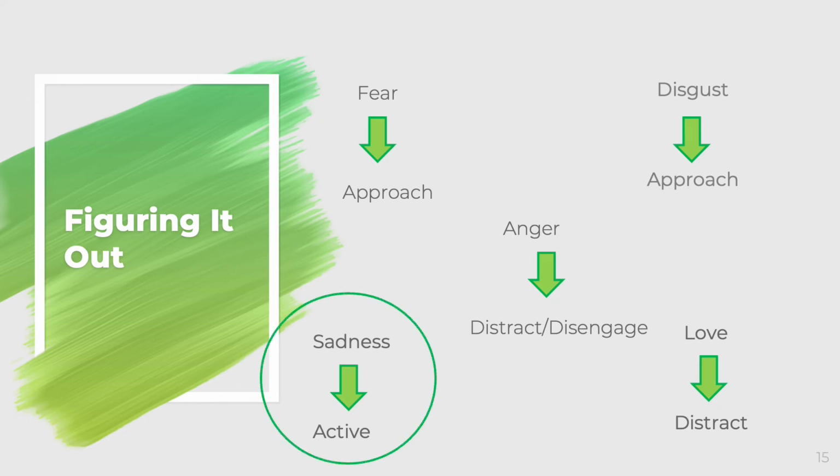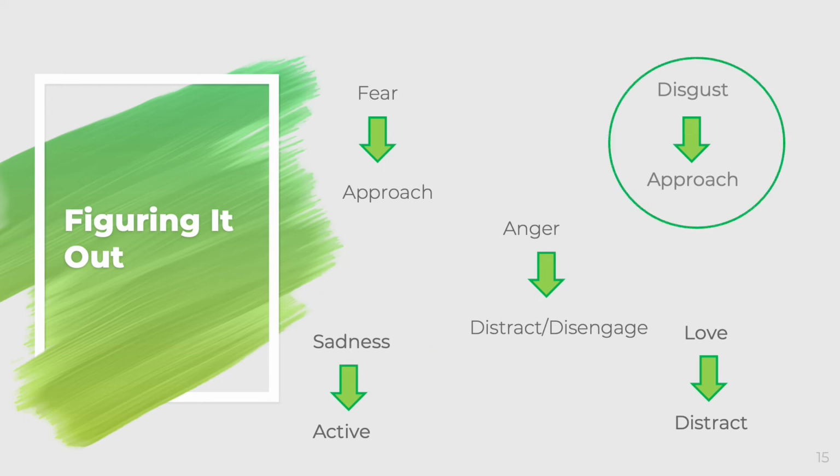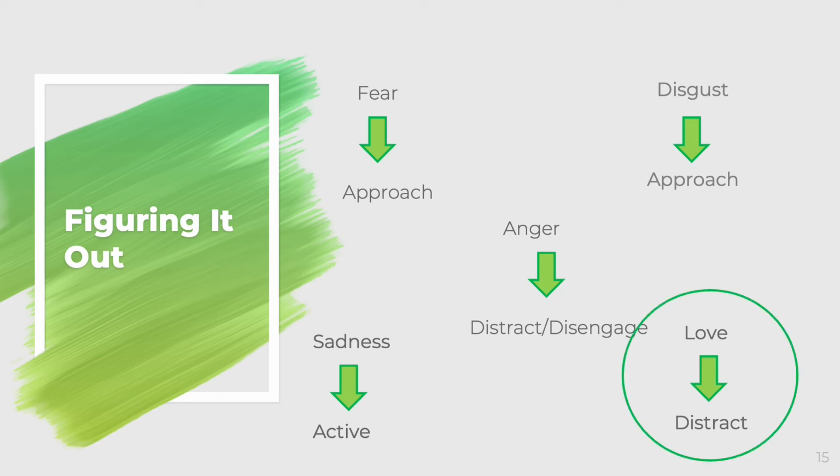If we are depressed and sleeping a lot, we want to get up and moving. Disgust is much like fear, where we want to approach it head on. Disgust can either be a person, food, or situation. While love is seen as a positive emotion, if we are too invested in either someone or something, it might be good to take a step back from it. Absence only makes the heart grow fonder.